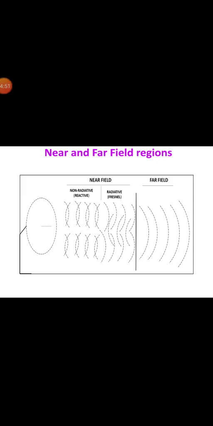The results for the line current from the previous section are easily generalized to an arbitrary but finite sized antenna. In the far field of an antenna, the fields exhibit local plane wave behavior and have 1 by r magnitude dependence.